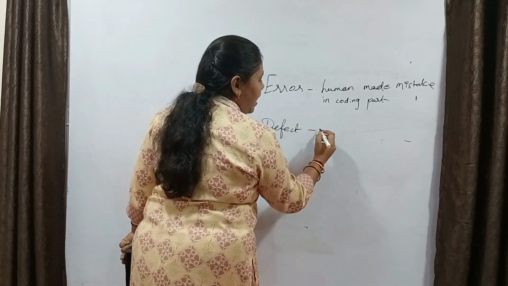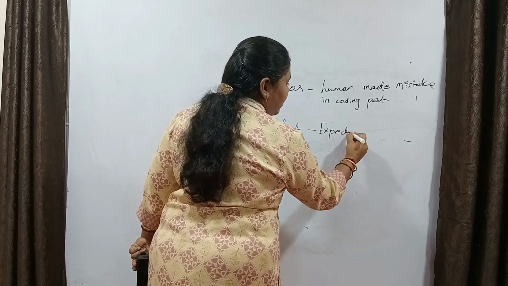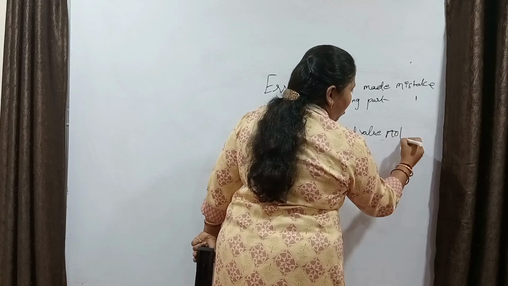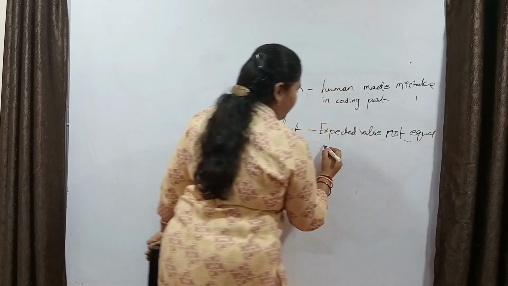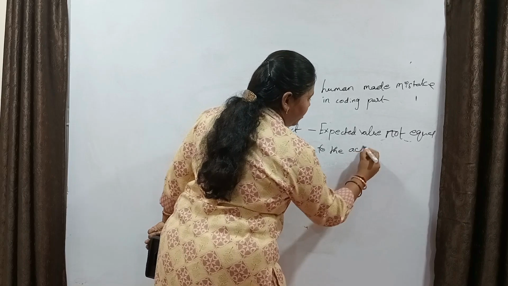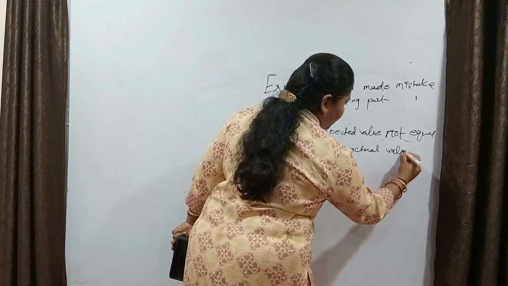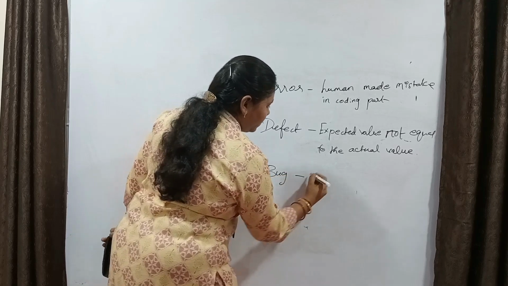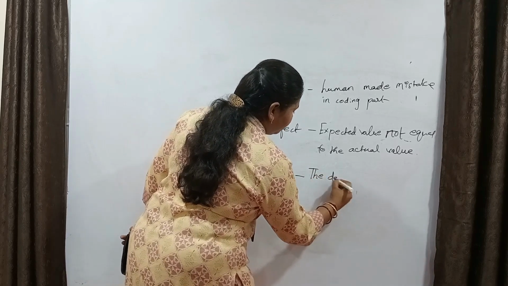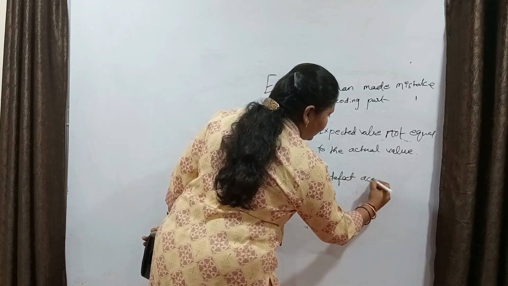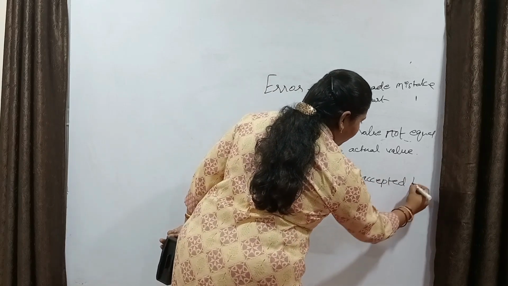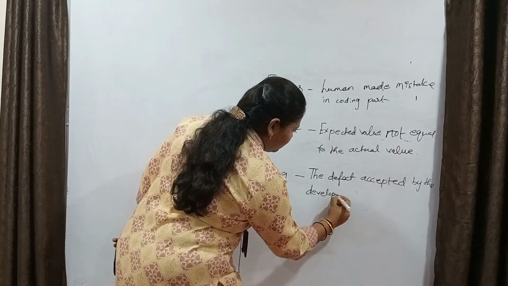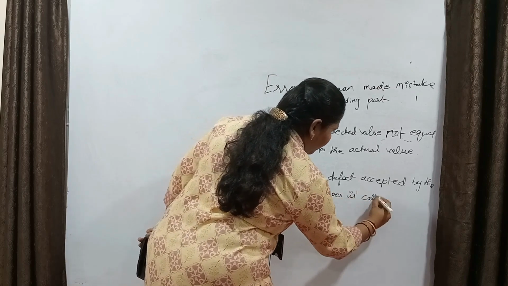Defect means the expected value is not equal to the actual value. And what is bug? The defect accepted by the developer is called bug.